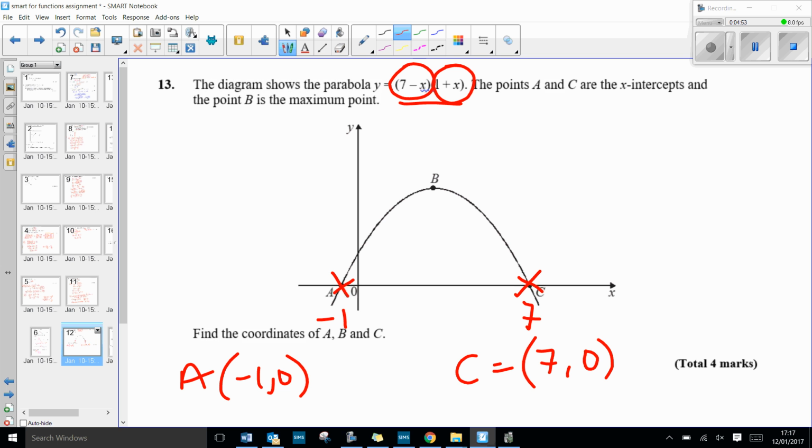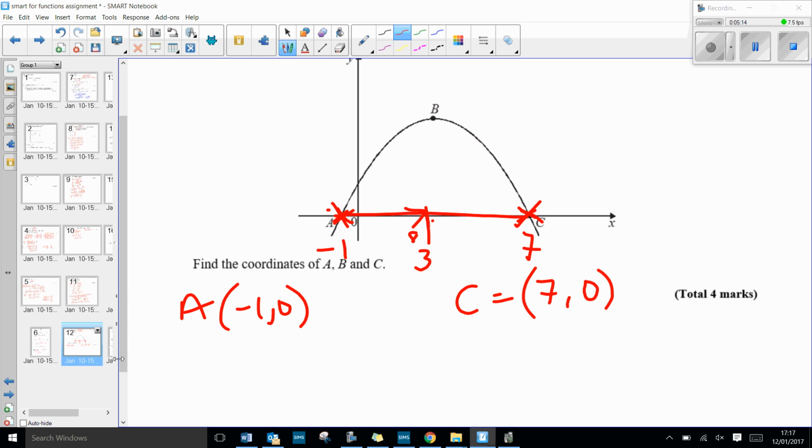B indicates the maximum point, the vertex, which we know is half of the distance between these two values. This is 8 units across. It's 4 units away from either of them, so that gives you a value of x equals 3. Okay, so the vertex is when x equals 3.